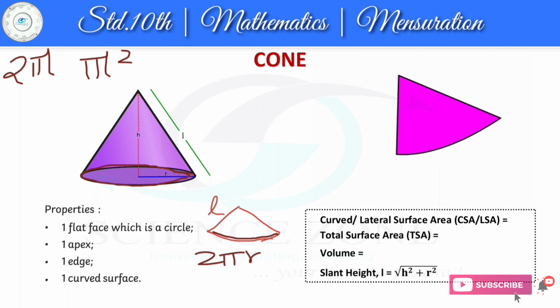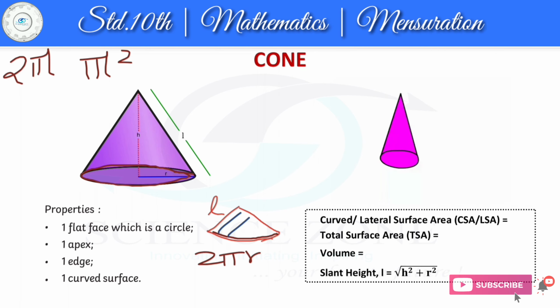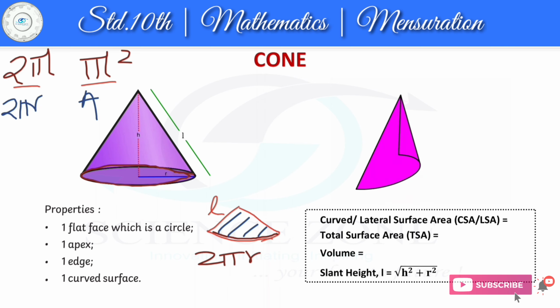Now we have to find the area of this sector. Area of this sector will be equal to curved surface area of the cone. Now we know that if the length is 2 pi L, the area is pi L square. What will be the area if the length is 2 pi r? Let's solve this.